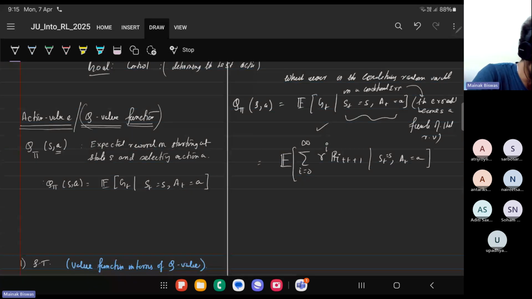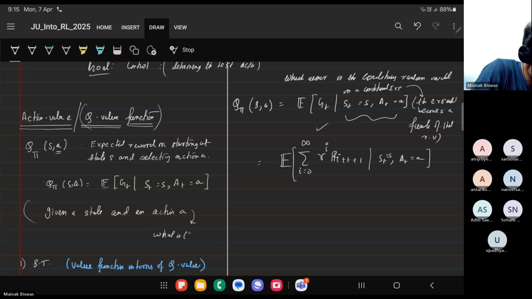So what does this actually mean? It means given a state and an action A, what is the reward expected in future?